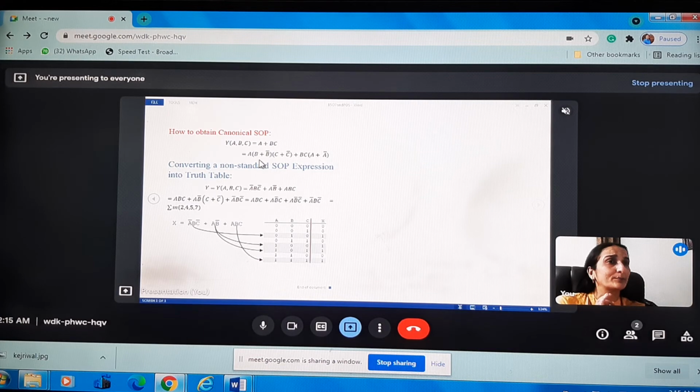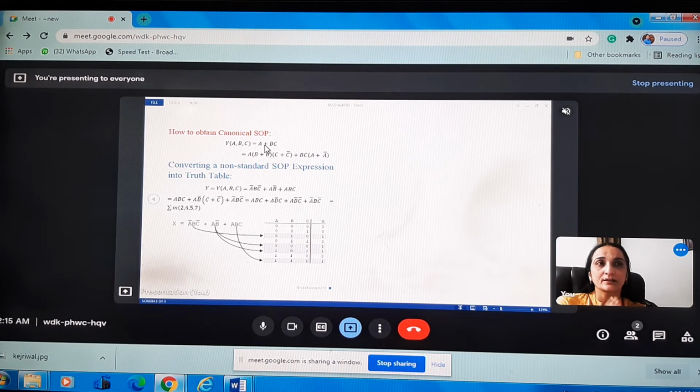Now we know that B plus B bar is equal to 1, C plus C bar is equal to 1. So it will not make any difference in the expression. We will get an equivalent expression. We can write it as A dot 1 dot 1, and we can replace that 1 by B plus B bar and another 1 by C plus C bar. So these two expressions will remain equivalent, and to prove that we can use a truth table.